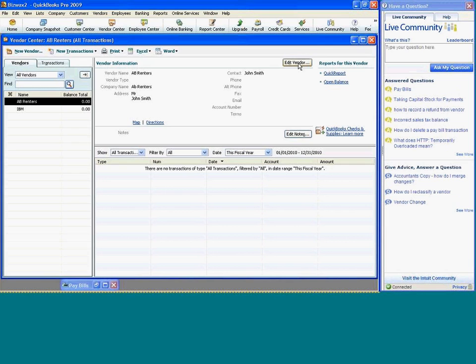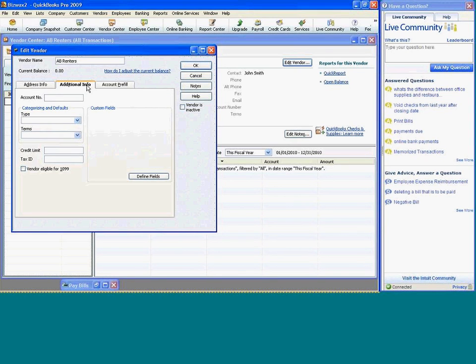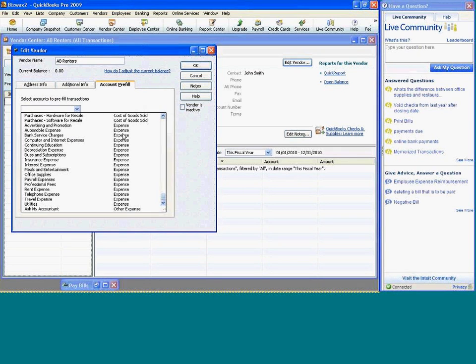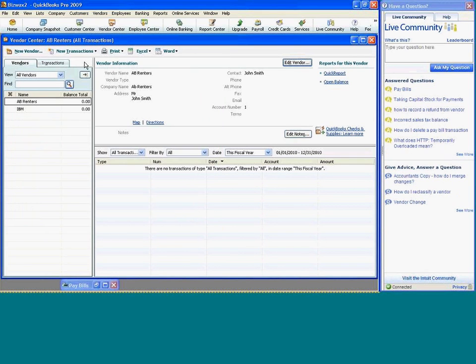There's the vendor, and the vendor has the ID. Then we have the account number, say it's number 1. The account is the utilities account, which is an expense. So now we have an account, and now we can enter the transaction for the bill.